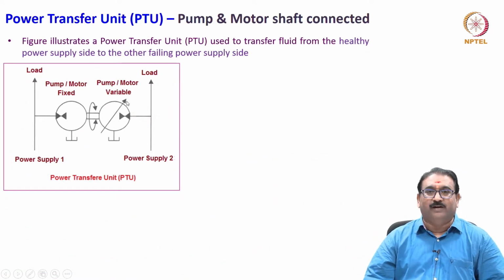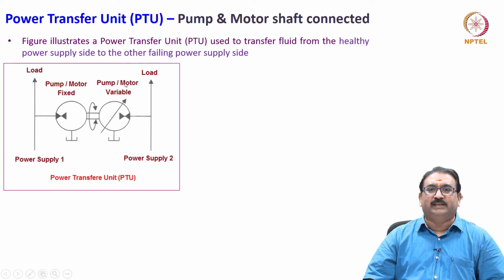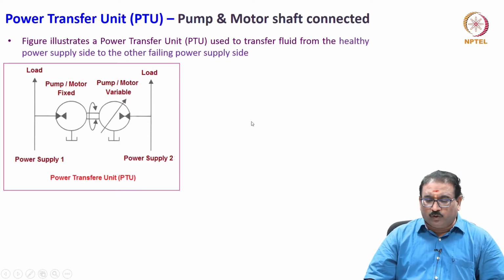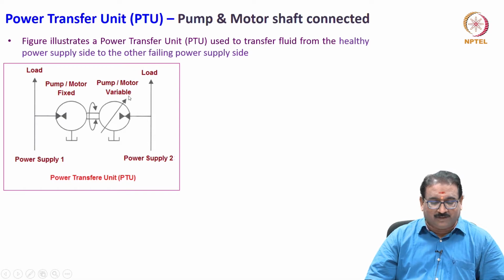The figure illustrates a power transfer unit used to transfer fluid from the healthy power supply side to the other failing power supply side. You will see here, friends, the pump and motor unit, which is variable, both are coupled here. Load may be different for each.